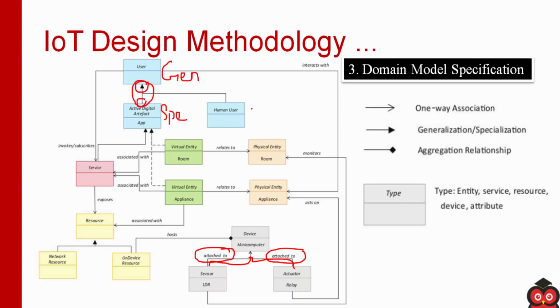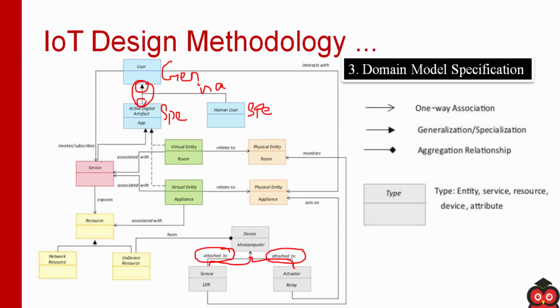So how we can read this is: human user is a type of user. Similarly, application is a type of user. That is how you infer the generalization specialization relationship.